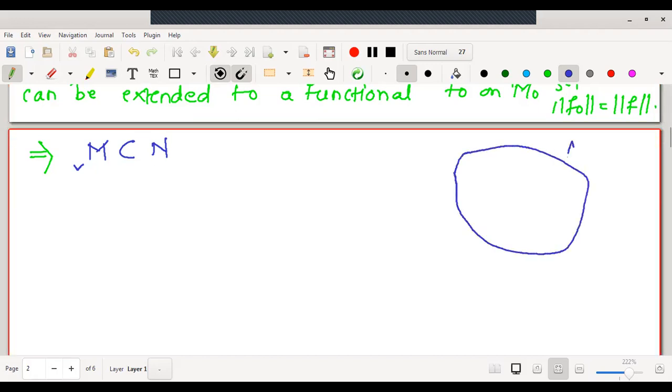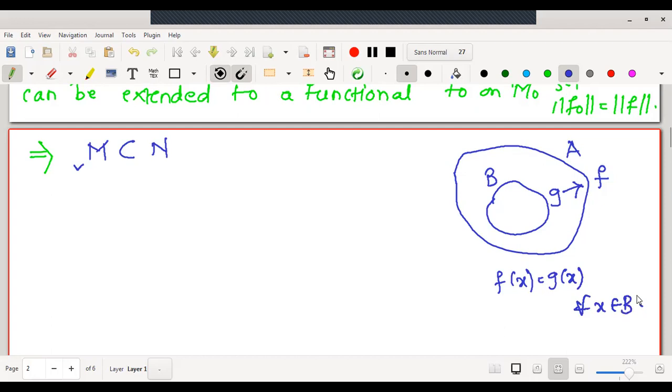Suppose we have a set A and a subset B. If f is a function defined on A and g is a function defined on B, then f is called an extension of g if f of x is equal to g of x for all x in B. For elements of B, both f and g work the same.